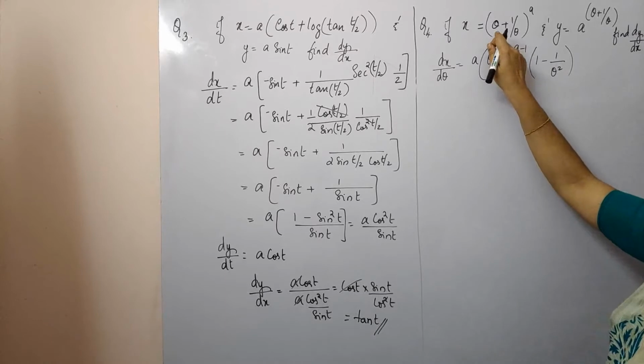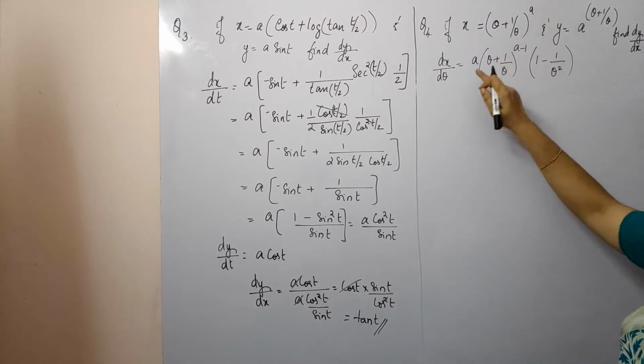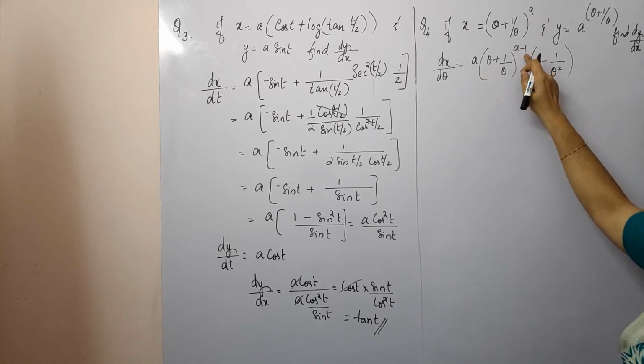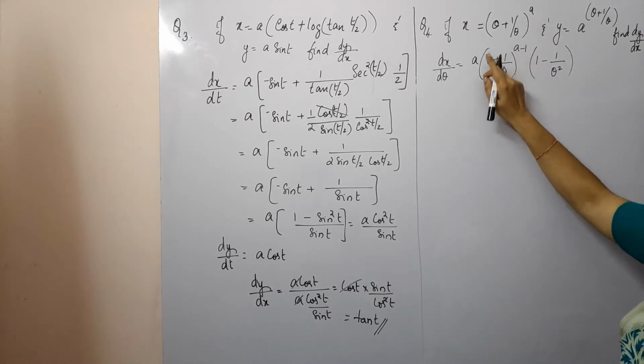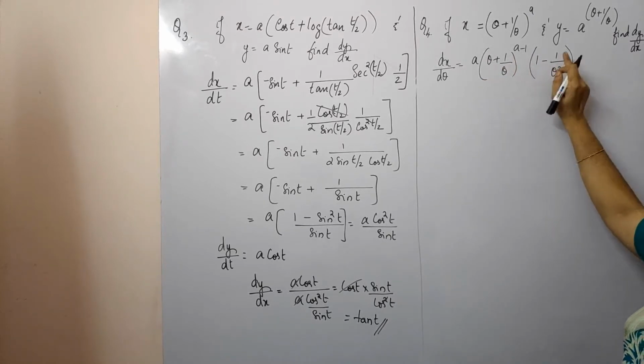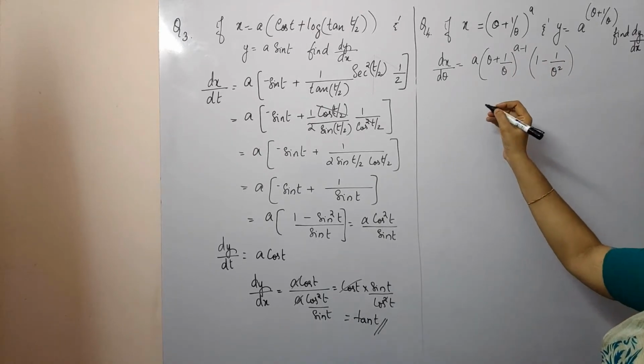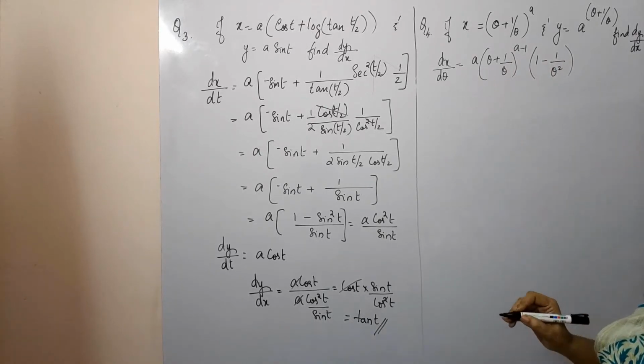Am I clear? The derivative of x raised to the power of a is a x raised to the power of a minus 1. The derivative of theta plus 1 by theta is 1 minus 1 by theta square. So this is what I get for dx by d theta.